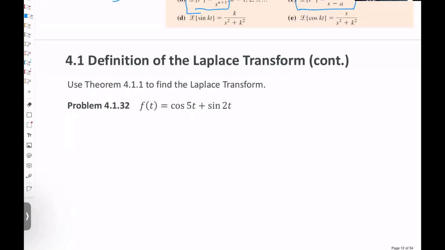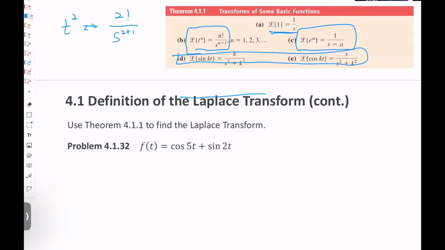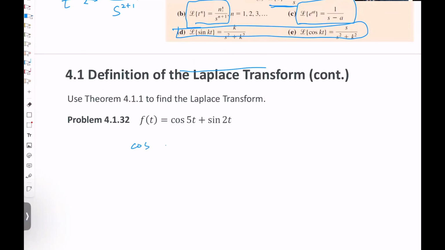Last one. Cosine 5t plus sine 2t. So from the table here, cosine kt is s over s squared plus k squared, and sine kt equals k over s squared plus k squared, where the numerator is going to be k.